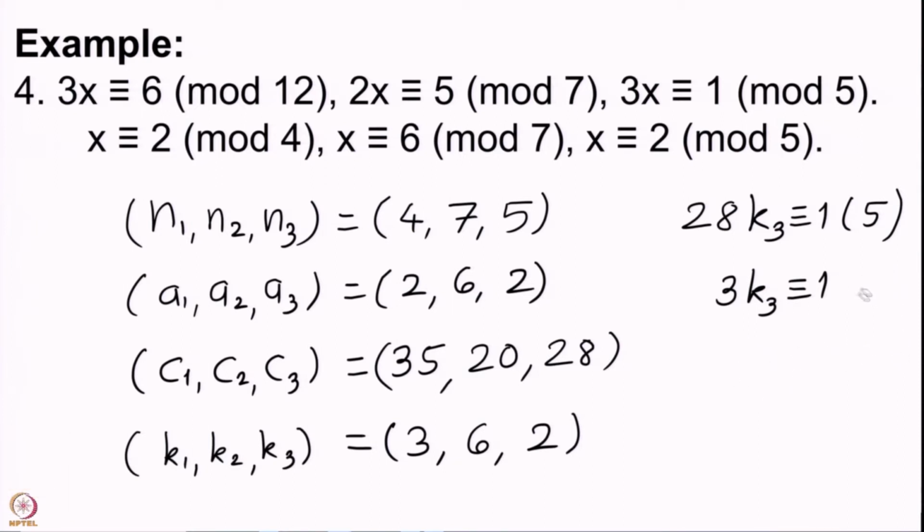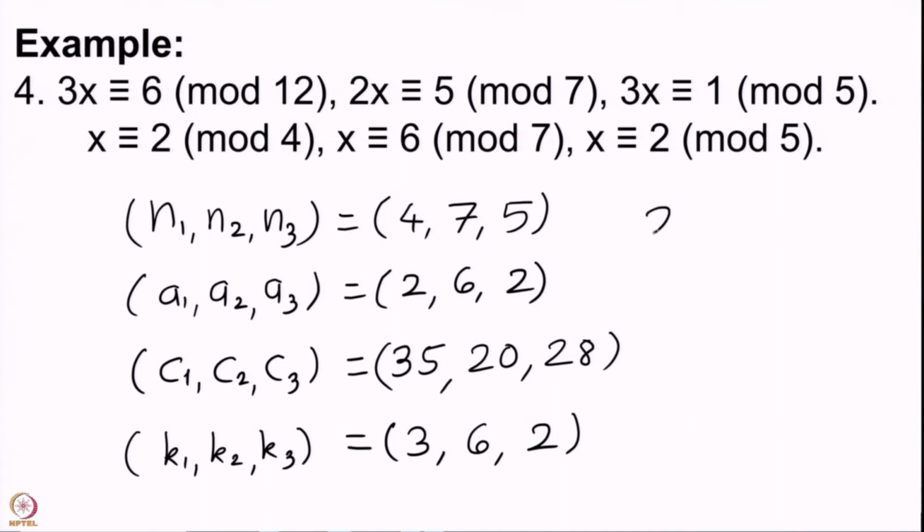Now, once we have computed K1, K2, K3, we need to compute X1, X2, X3. K1, K2, K3 are nothing but 3, 6, 2, and X1 is the product of C1 and K1. Therefore, X1 is 35 into 3, so it is 105.